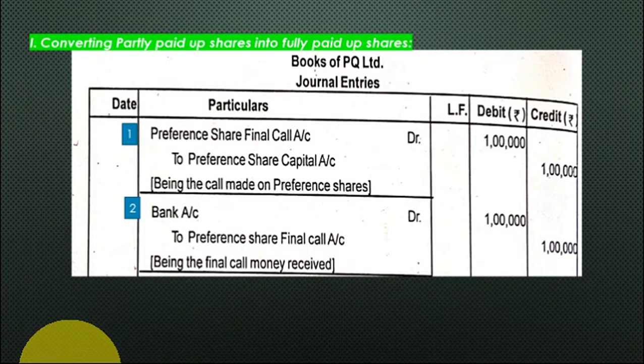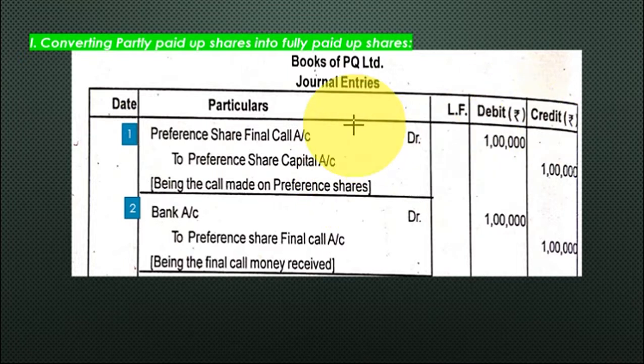Okay, then let us pass the journal entries. Always remember the steps. First step is what? Converting the partly paid up shares into fully paid up shares. How will you convert? You have to make the final call. So journal entries you have studied, right? Preference share final call account debit to preference share capital account. You're calling the final call, in the sense you're transferring it to the preference capital account.